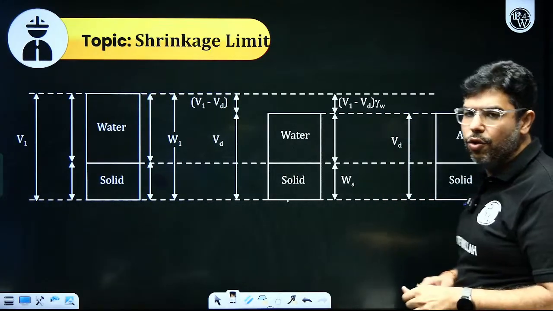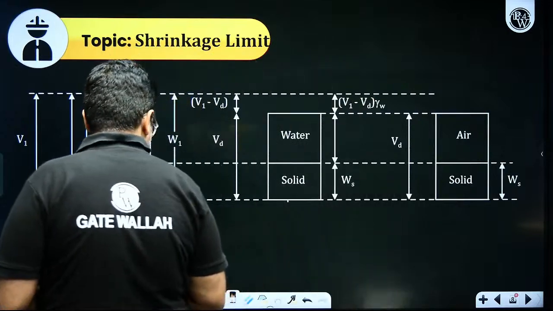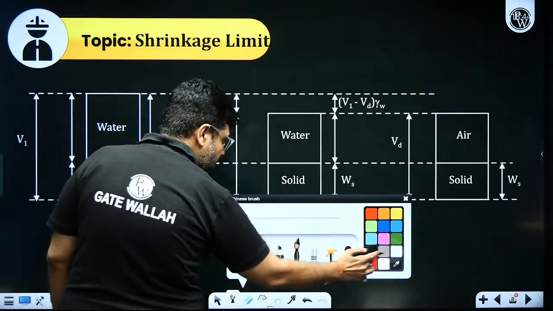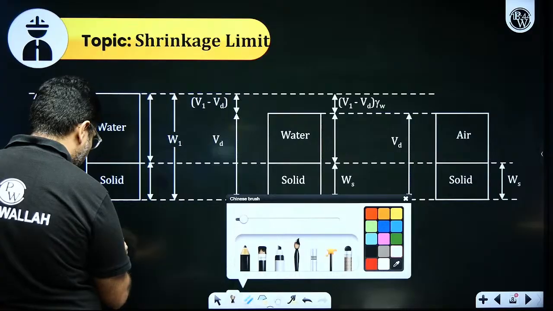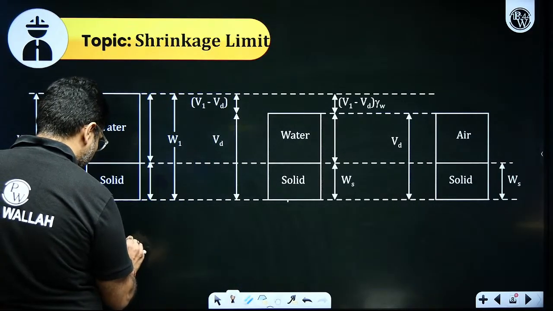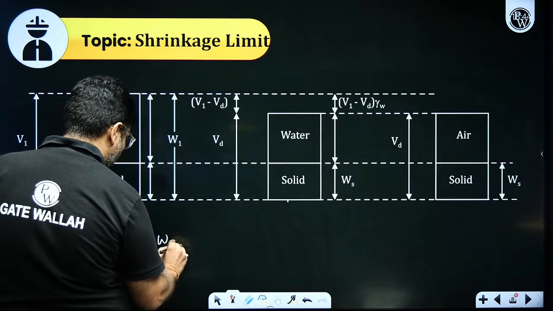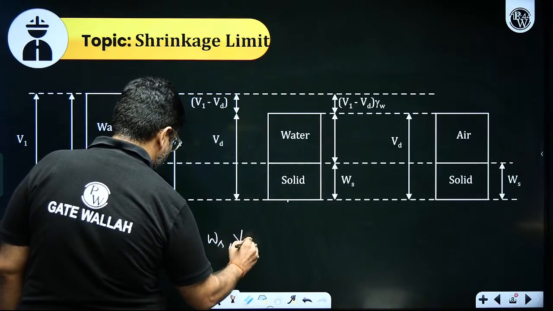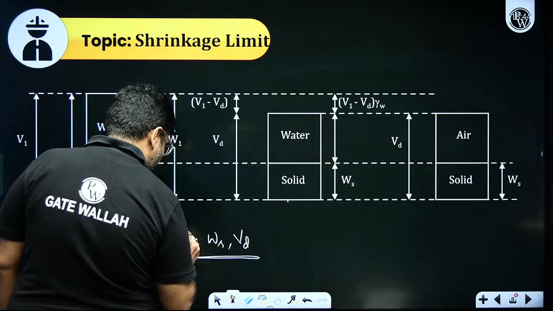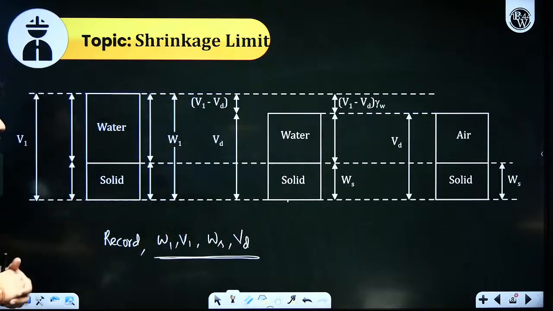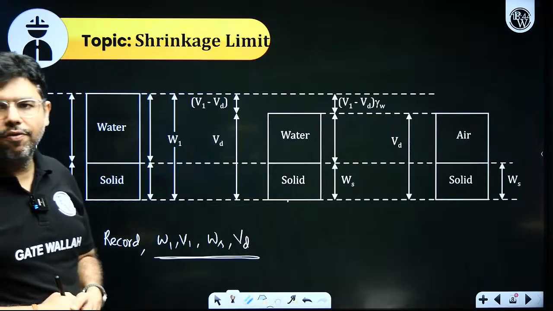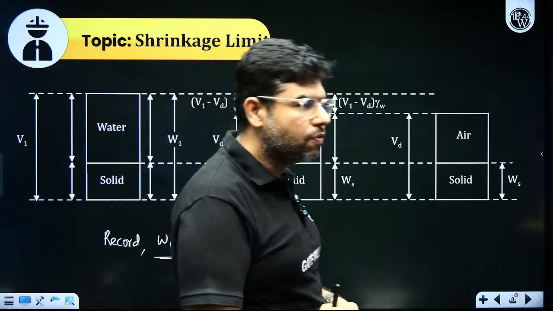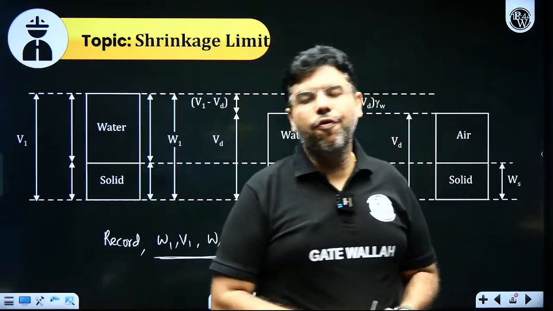So, what readings have you recorded? W1, V1, Ws and Vd. These four readings you have recorded here.